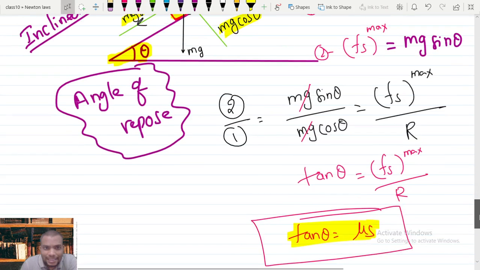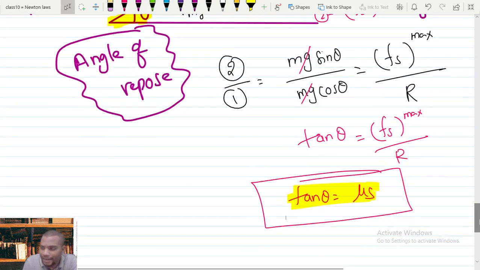So here we define theta, which is very important.